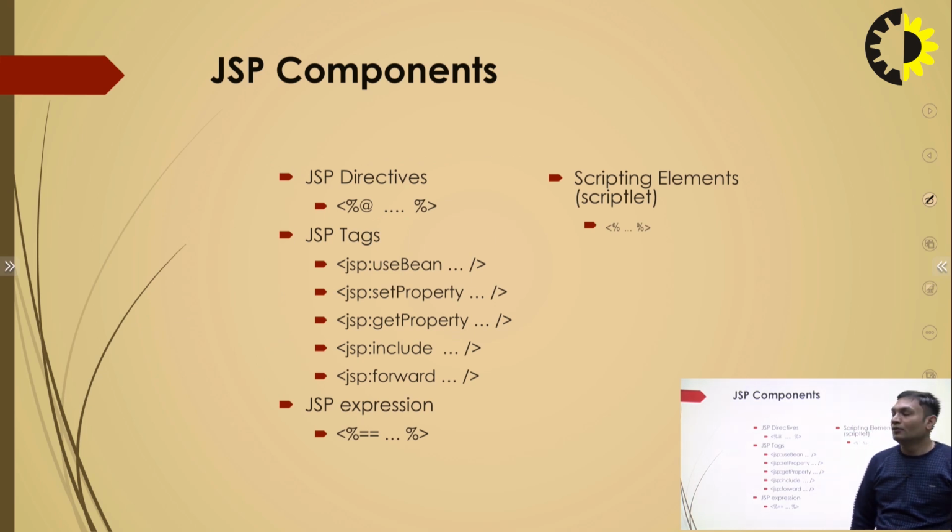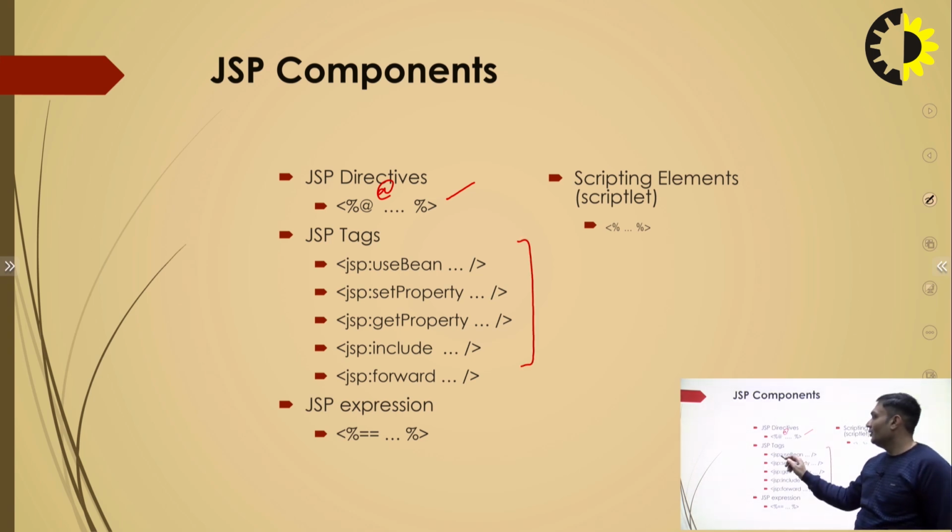Now, what are the JSP components? As we have seen, there are basically 4 types of tags that are used to combine Java code inside the HTML program. First one is JSP directive. Here the symbol is @. Here we can use some JSP tags like JSP use bean, JSP set property, JSP get property, JSP include, JSP forward.